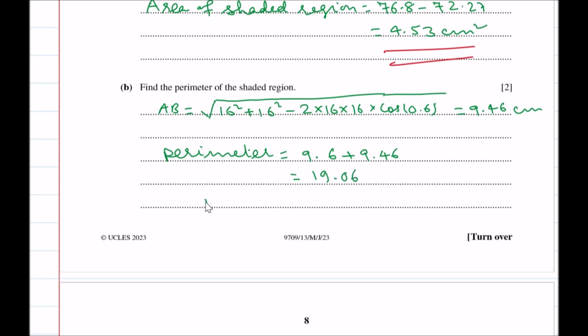So perimeter in 3SF is equal to 19.1 centimeter. This is done.